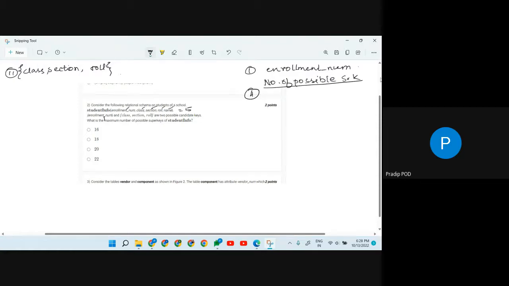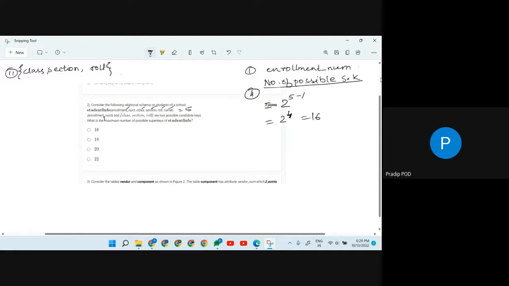Here you can see 2 to the power of the number of remaining attributes. There is only one attribute in this candidate key, so the remaining attributes are 5 minus 1. That is 2 to the power 4, which is 16.